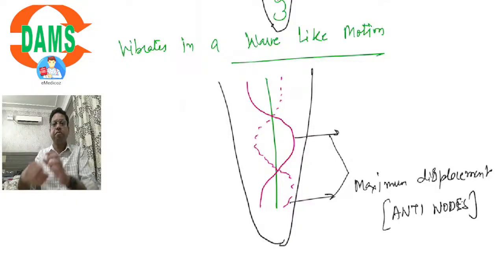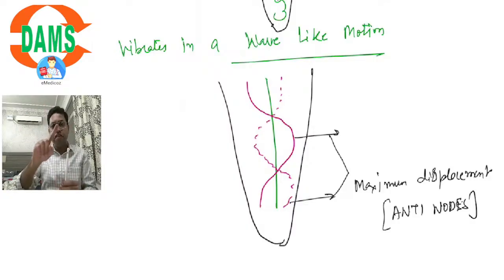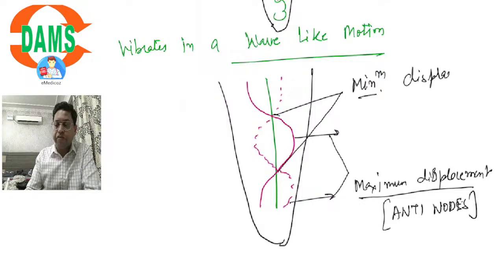So what we are seeing, suppose this is a file that is suspended from an ultrasonic handpiece and vibrated, it would vibrate in a sinusoidal wave-like motion with antinodes, points of maximum displacement, and points of minimum displacement from the resting position. These points of minimum displacement are called nodes.